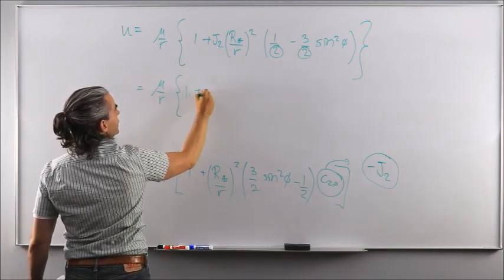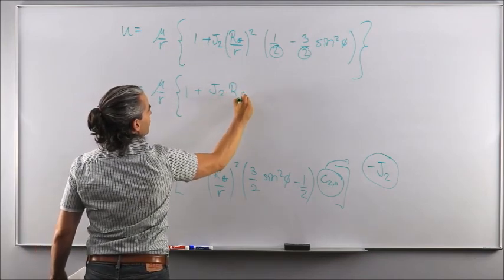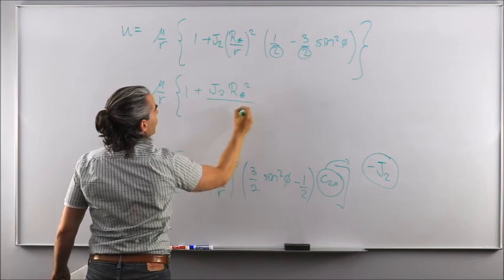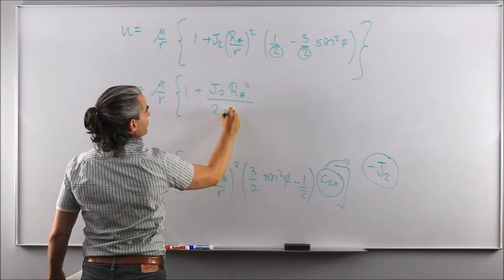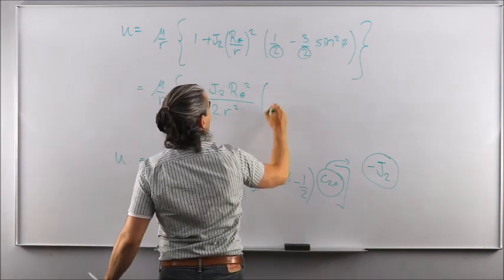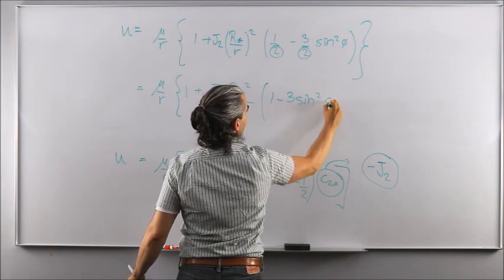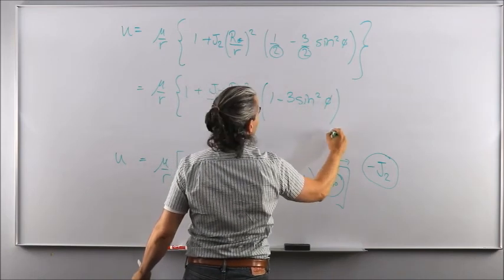That would be J2 r Earth squared over 2r squared. That multiplies 1 minus 3 sine squared of our geocentric latitude phi.